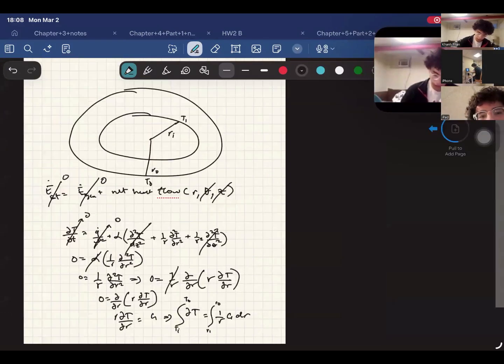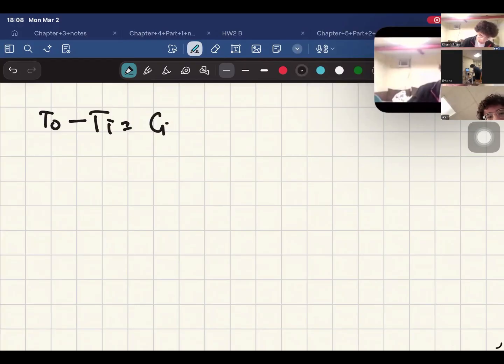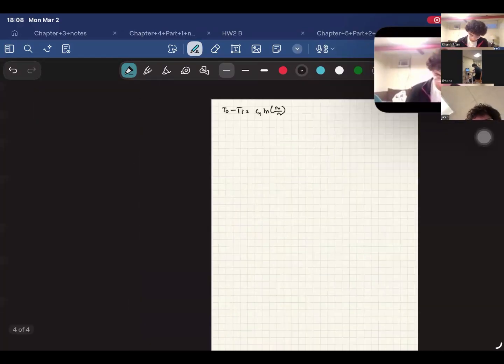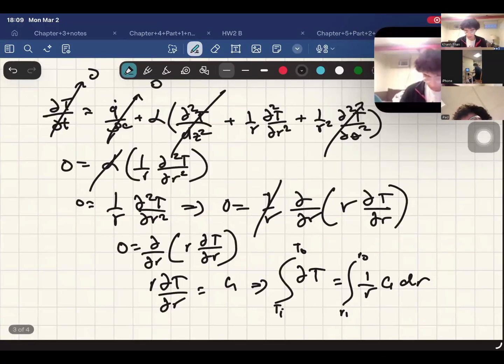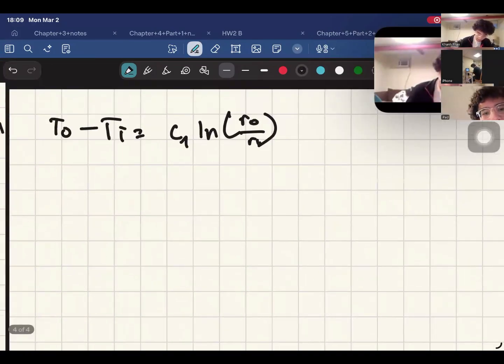So we can have over here T outer minus T inner equal to C1 times ln R outer minus ln R inner. So we have this.